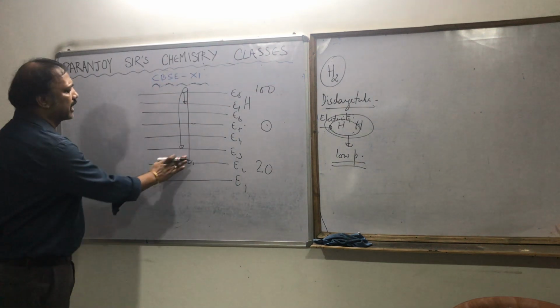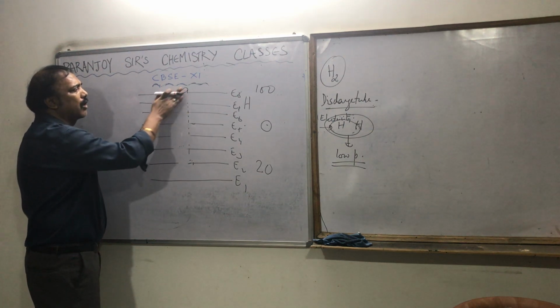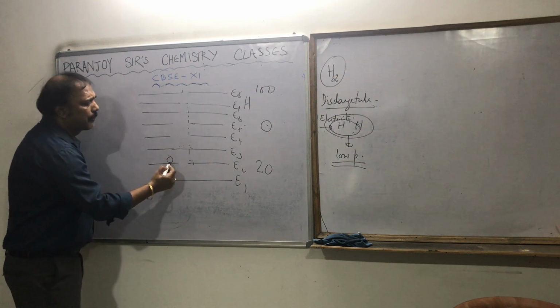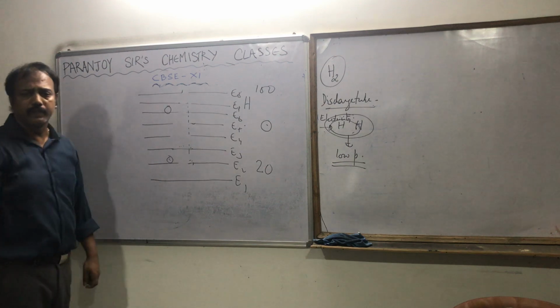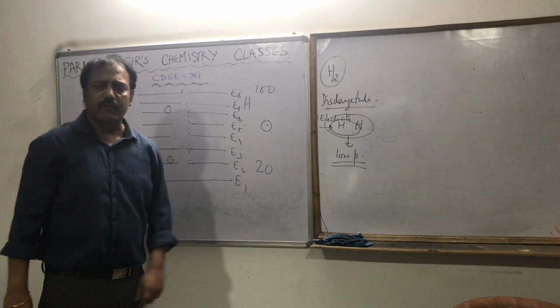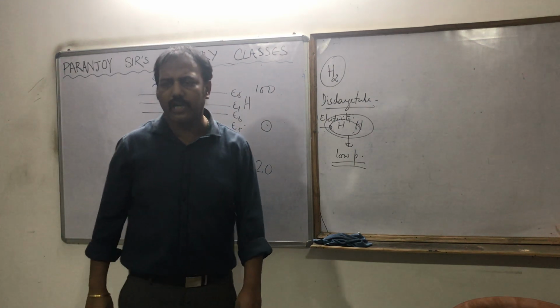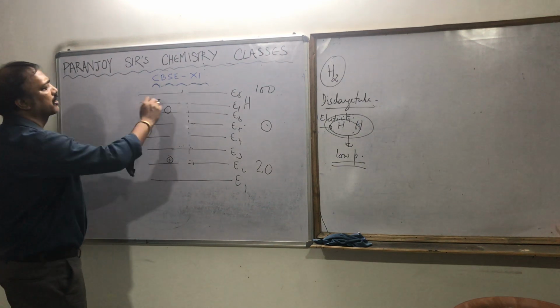Whereas, suppose the electron is here, in the lower level, somewhere here. Now the electron is jumping from lower to higher. Suppose it is going from the 2nd level to the 6th level. How will it go? By absorbing energy. It has to absorb the energy, then only it can go from 20 to, suppose, 60.